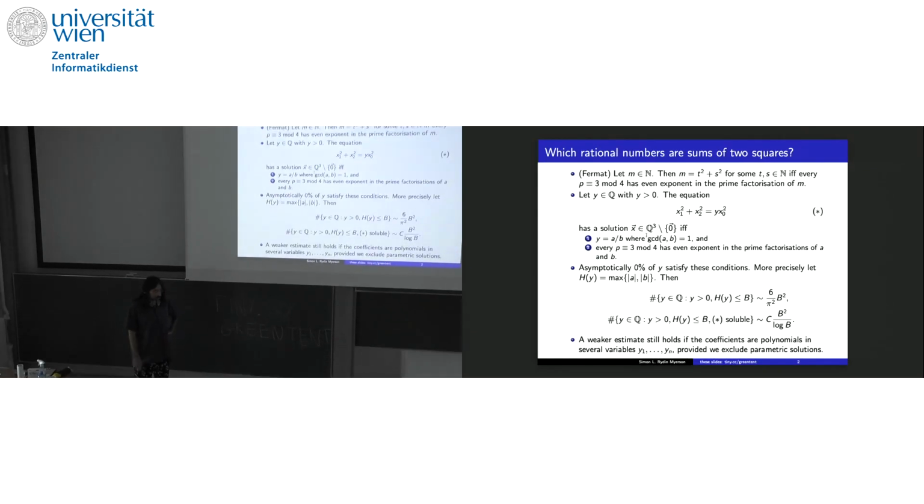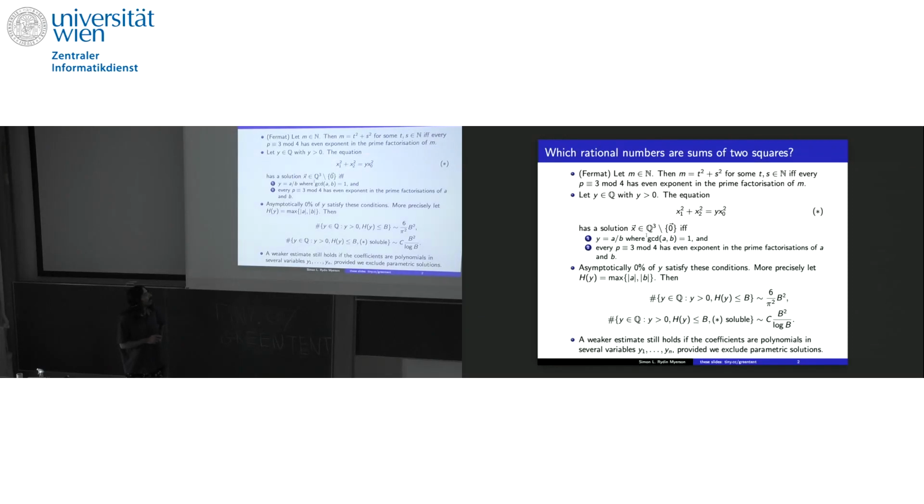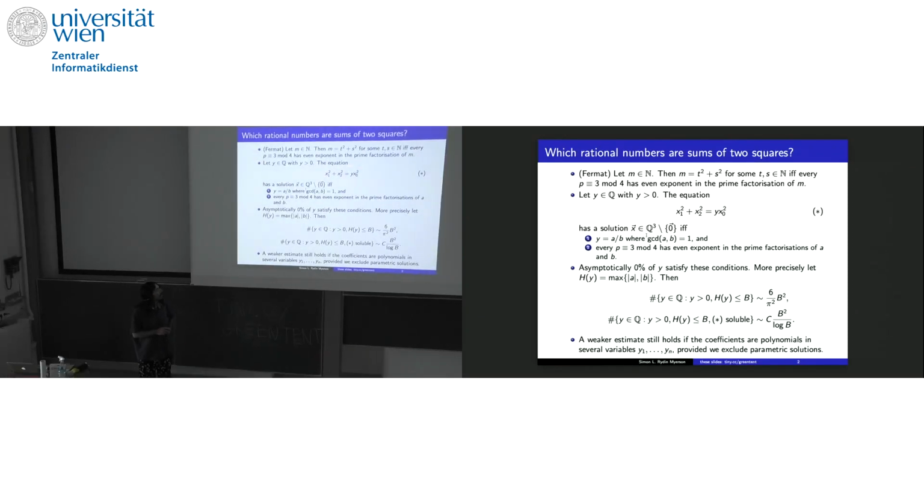Except sometimes it is. I mean, there might be some parametric solution where you can plug in x0, x1, x2 being some polynomials in the y's, and then there's like a uniformly a solution. If you exclude that case, then 0% of the time there'll be solutions.